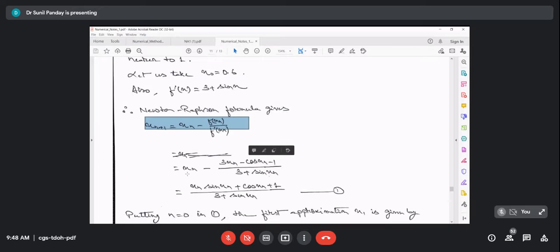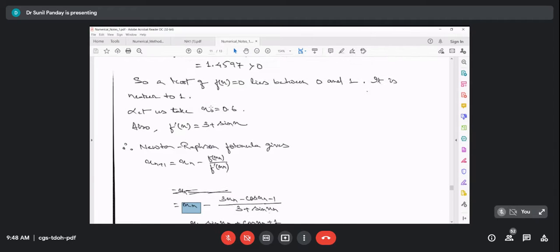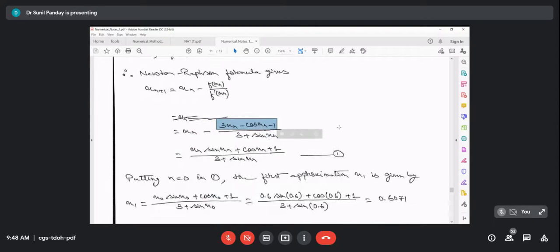But what they have done is write xn as it is, and substitute the value of f of xn. Wherever there is x in the expression of f of x, they replace x by xn, and wherever there is x in f dash of x, they replace x by xn, and then after simplification they get this one. So this is their xn plus 1.